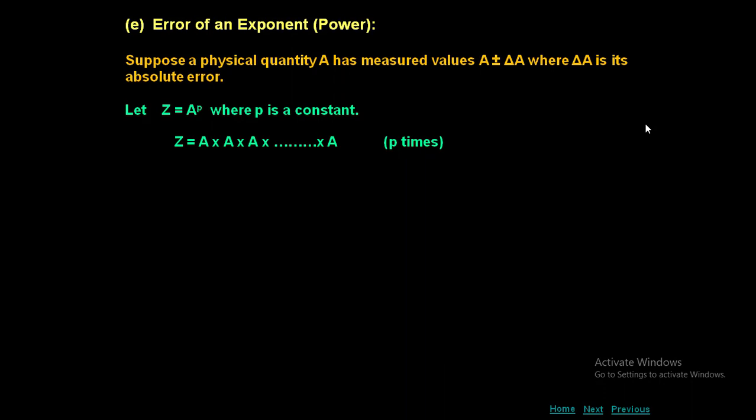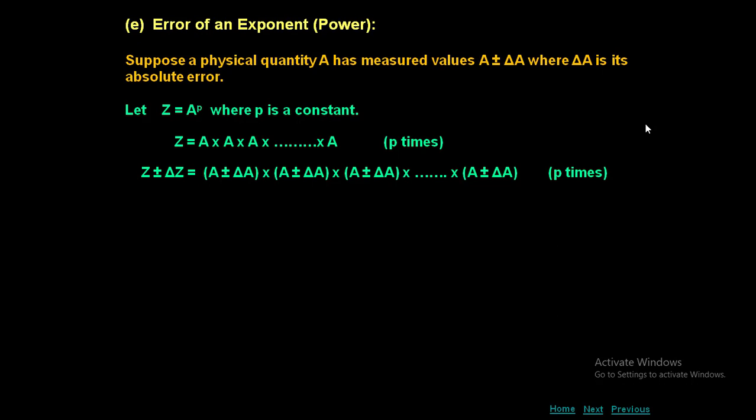If you have the power as n, how many times you have to write? n times. Now substitute the measured value, that is Z ± delta Z is equal to, now here you can see in place of A, A ± delta A is written. Now all the A ± delta A are multiplied, for how many times? P times we are going to multiply.